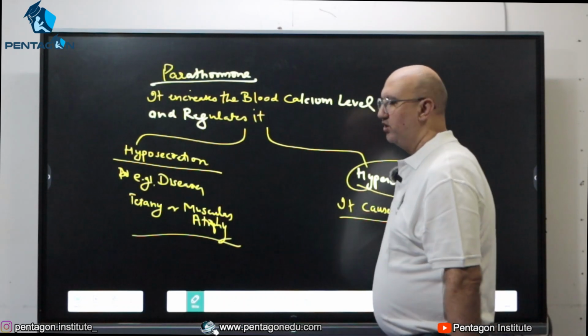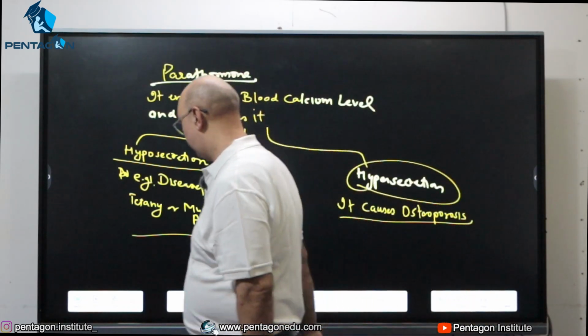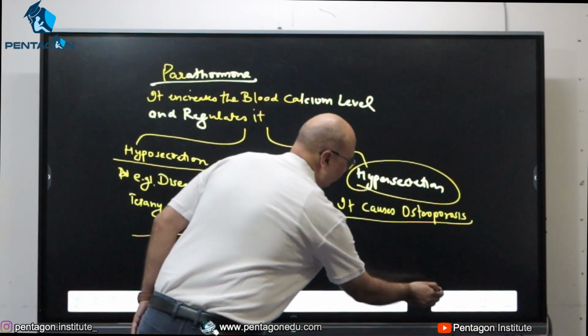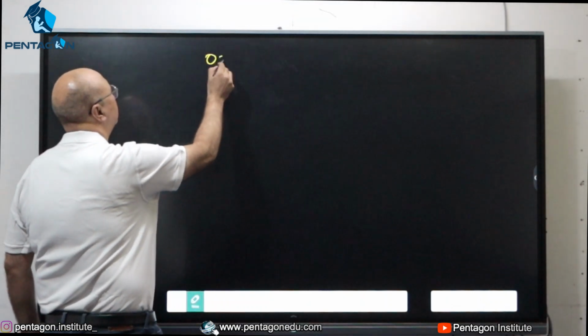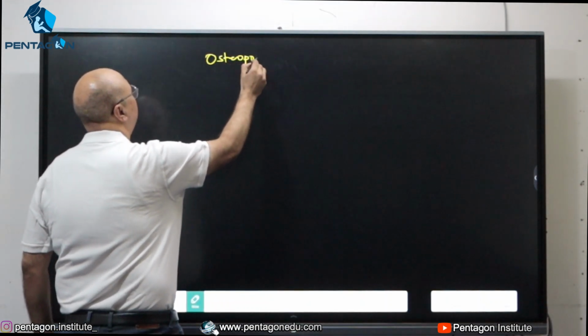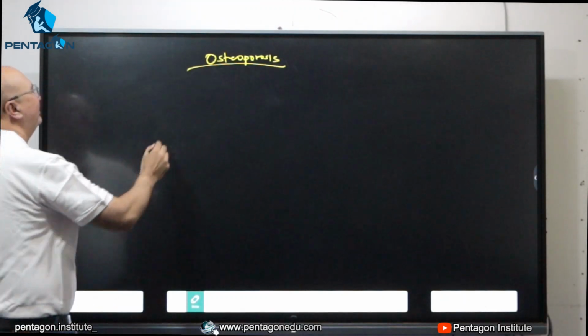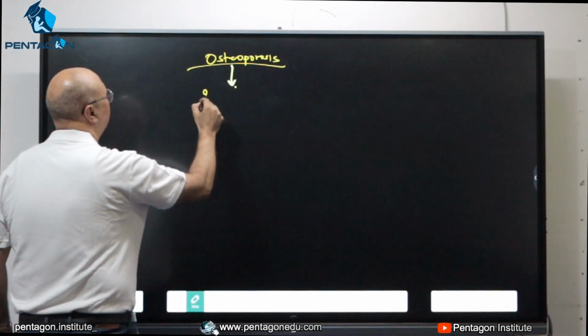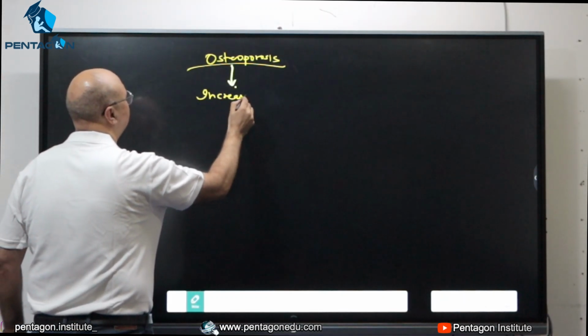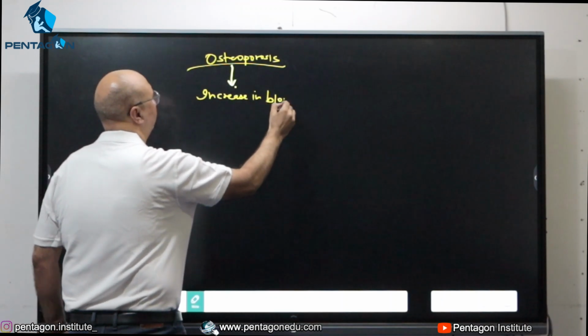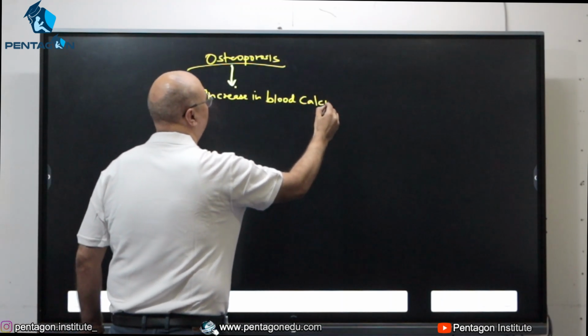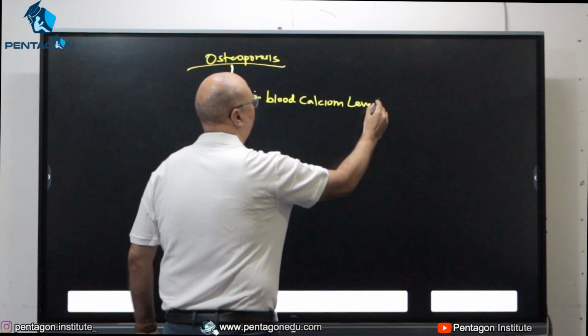On the other hand, hypersecretion causes osteoporosis. So what is osteoporosis? In case of osteoporosis, there is an increase in blood calcium level.